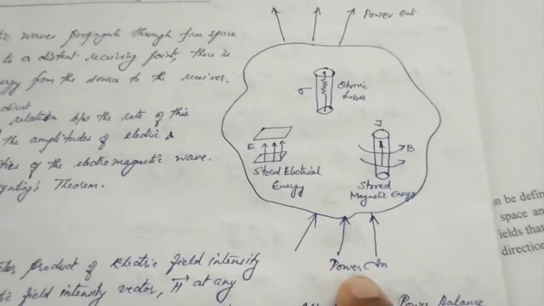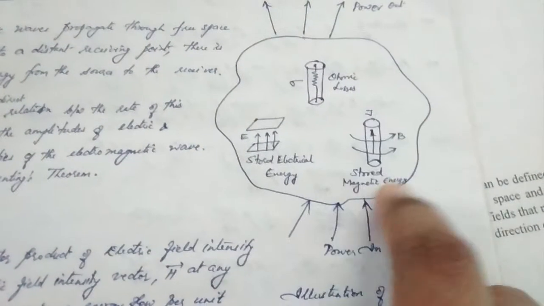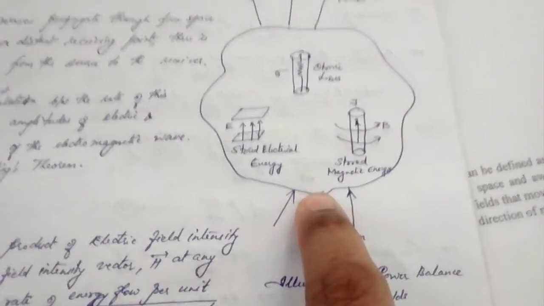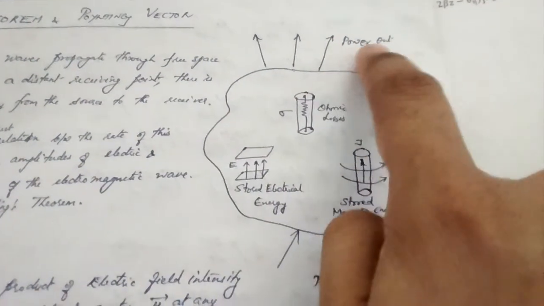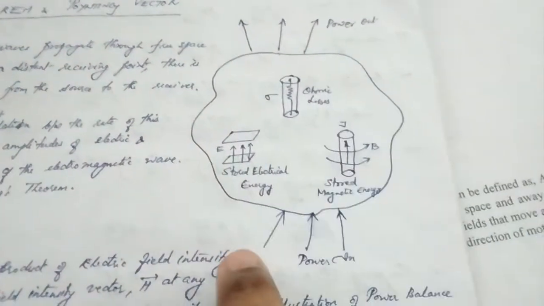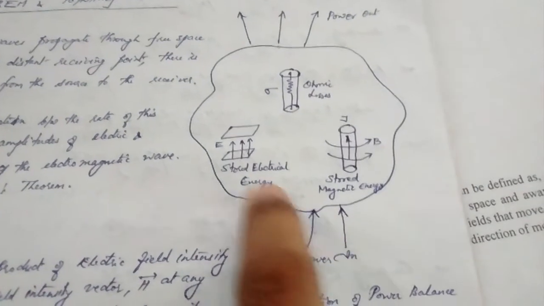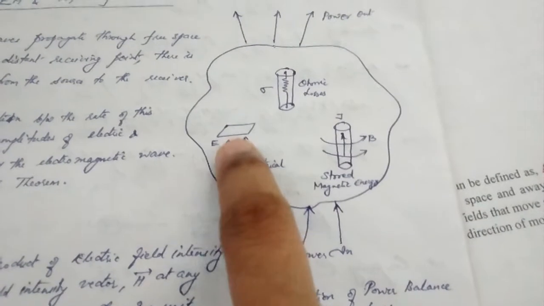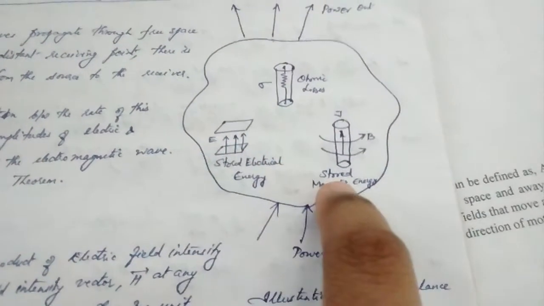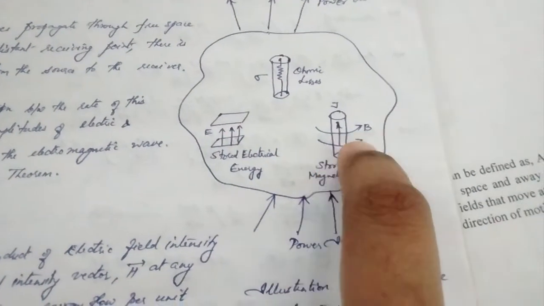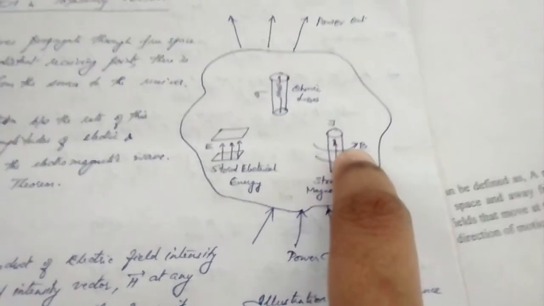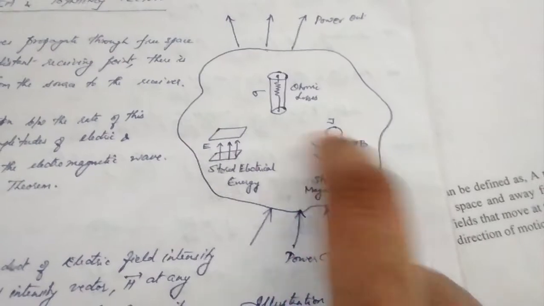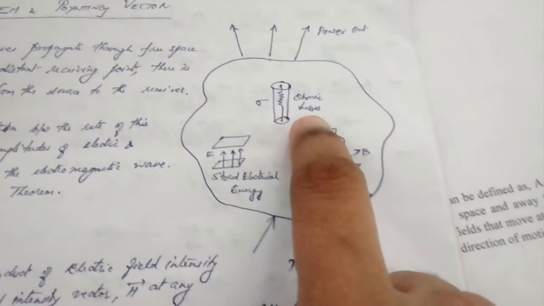Look at this figure. You can see there is a closed surface enclosing a particular volume. There is input power and you have the power going out. The power given inside is stored as electrical energy in the form of electric field, and it is also stored as magnetic energy in the form of magnetic flux density B or magnetic field intensity H. And inside the system there will be ohmic losses.